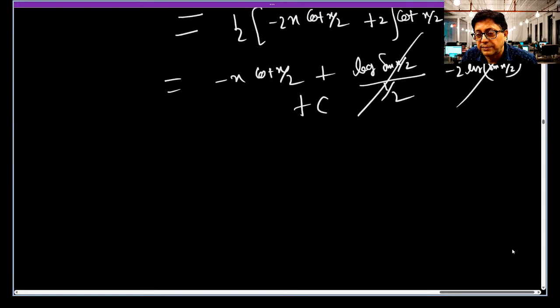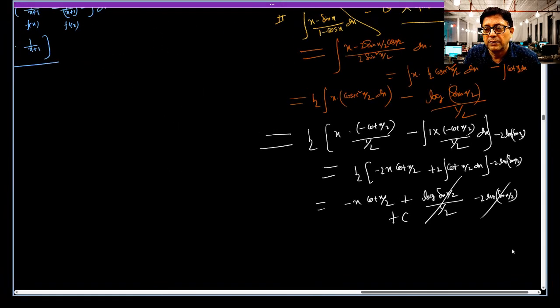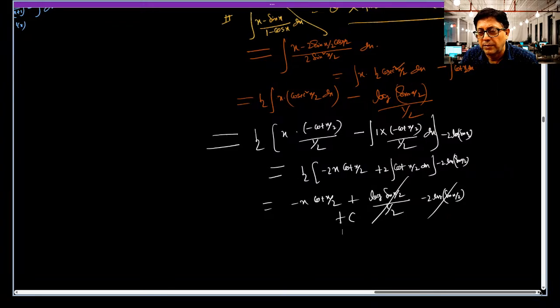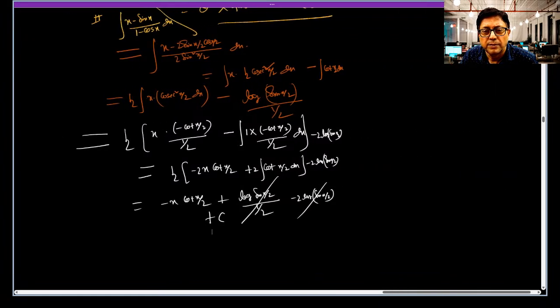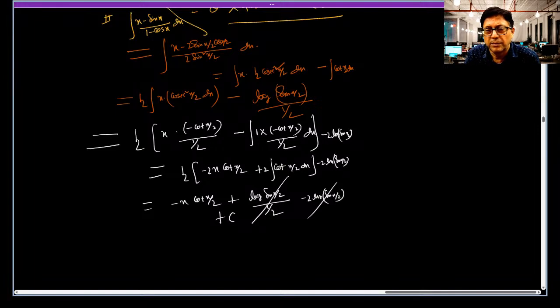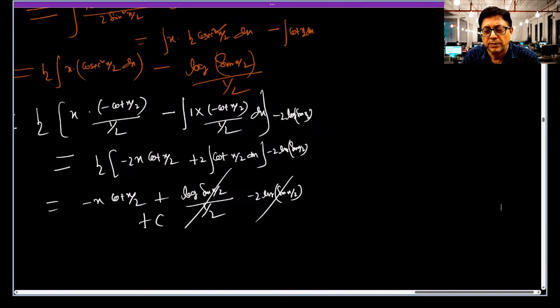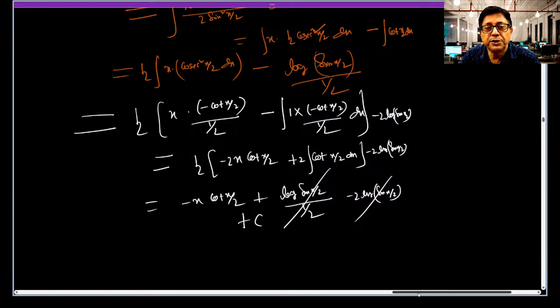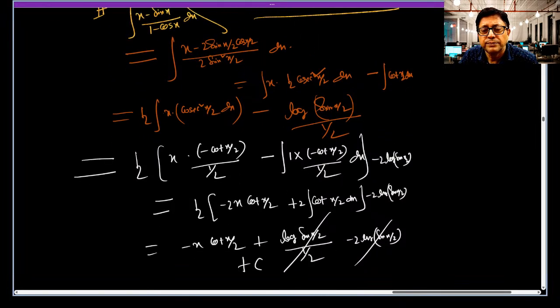Just check. Is it okay? Can you see the board? Finish it. Answer is minus x cot x by 2 plus c.